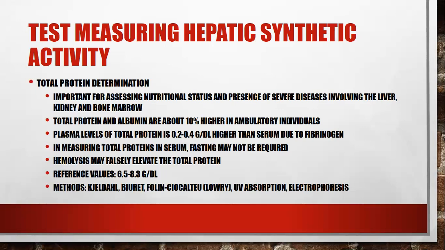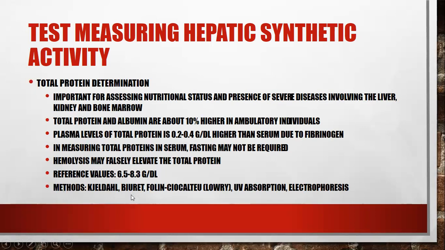The peptides in turn are interconnected to each other by a bond, no, we call it peptide bond. So in Biuret method, we add an alkaline copper sulfate, a copper solution which will actually bind to the peptide bonds. Now, this binding is actually proportional to the amount of protein in the circulation.